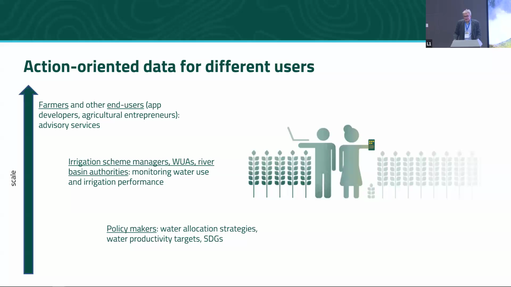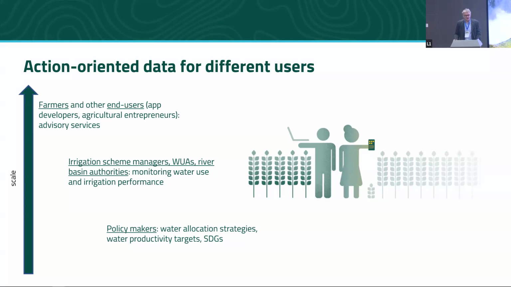These are the users that we are aiming at. So we are getting to the policymakers. They are using the system. Irrigation scheme managers we are getting to, but the most difficult part again, and that has been discussed several times, is the farmers, and that is where we still have to put more effort in. And that's something that I hear all the time over here also.